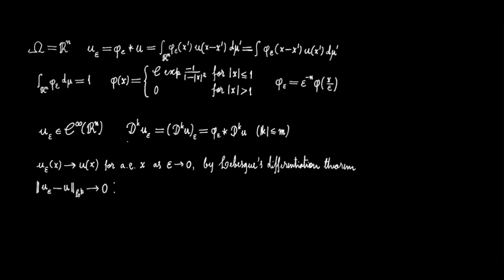And since we have seen that the partial derivatives of u epsilon up to order m have the same relation to the weak derivatives of u as u epsilon has to u, if we prove this, then the same will apply to each of the weak derivatives of u up to order m, and we will then automatically conclude that u epsilon converges to u in the Sobolev norm as well. So all we have to do now is to dominate u epsilon.